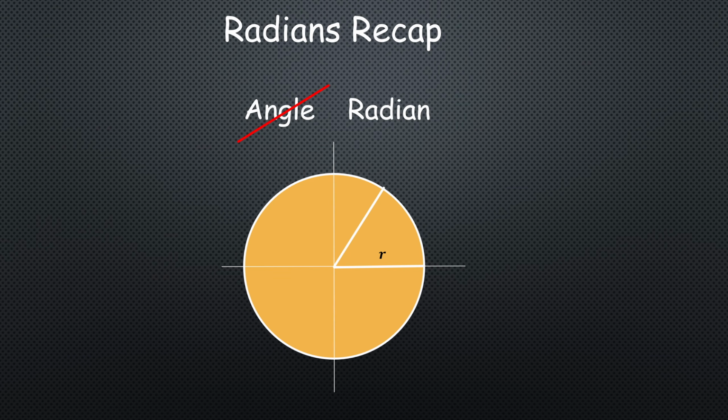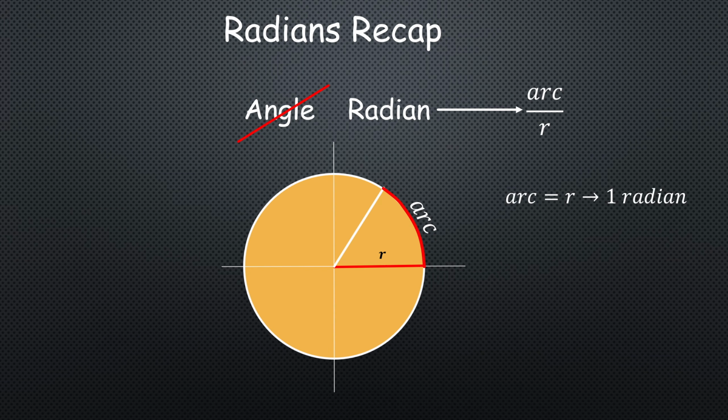In rotational physics, we usually measure the angles in radians instead of degrees. Remember that the radian is the ratio between the length of the arc and the radius. When the two values are equal, we get 1 radian. We get 2 radians when the length of the arc is twice the radius.